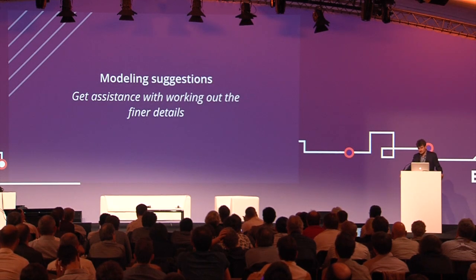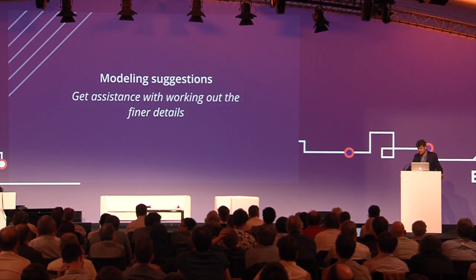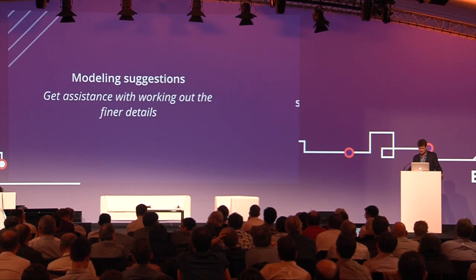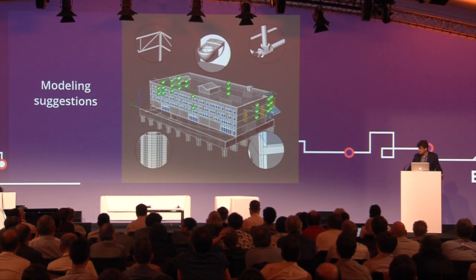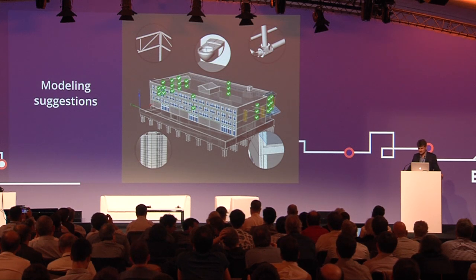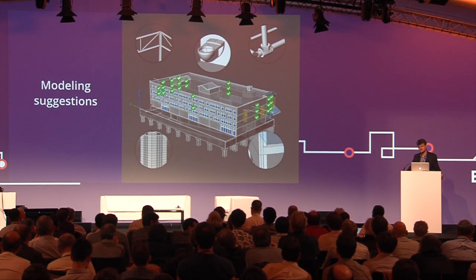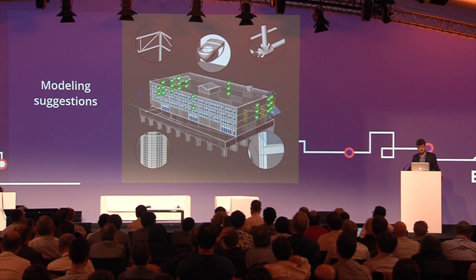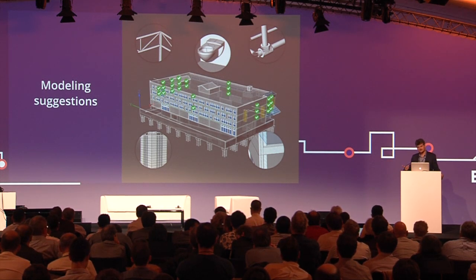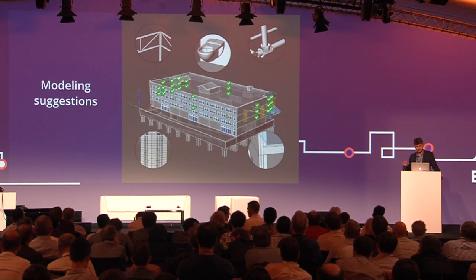The final topic, I'm going to talk about myself, and then I will hand over to my colleagues who will discuss another topic, is the idea of modeling suggestions. I hope this screenshot is familiar from what you've seen in the BIM demo. It's a simple idea actually: you pick one detail, you model it yourself. You're completely free to model it yourself because it's just direct modeling on the geometry, and you let it propagate intelligently throughout your model.